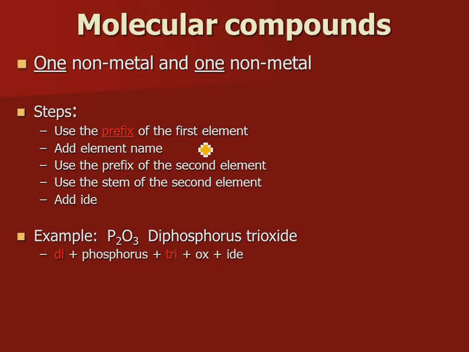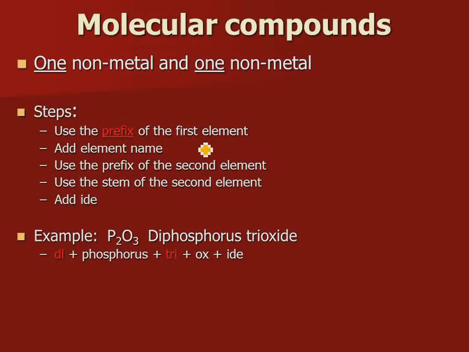P2O3, both of them are nonmetals, right? Relatively right side of the table. The fact that there's two phosphoruses means that I have to have a prefix telling me there's two of them, and the prefix is di. Diphosphorus, 3 oxygen, trioxide.